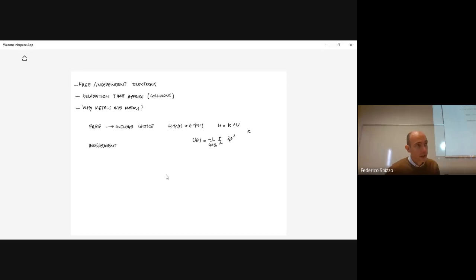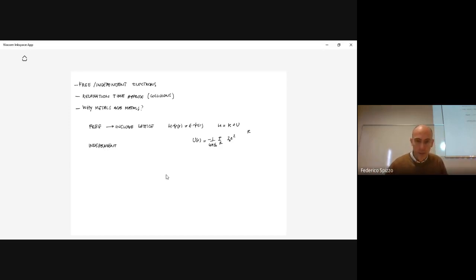Z_A e squared is the product of minus e, the charge of the electron, and Z_A times e, the positive charge of the ion. So in the system, using this picture, we have ions whose charge is exactly equal to the number of electrons that they have shared with the solid, to give what is described in the picture of Drude and Sommerfeld as conduction electrons.